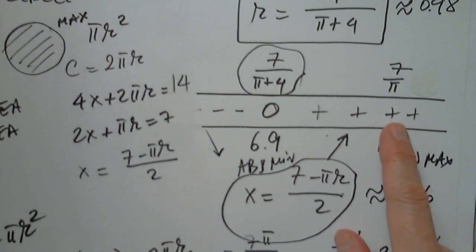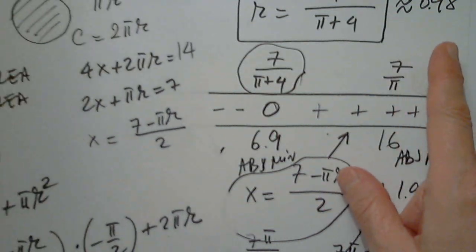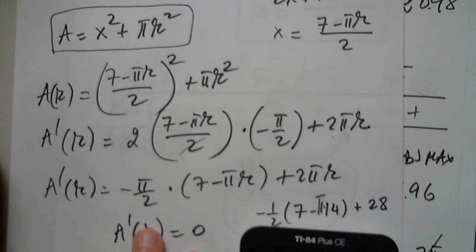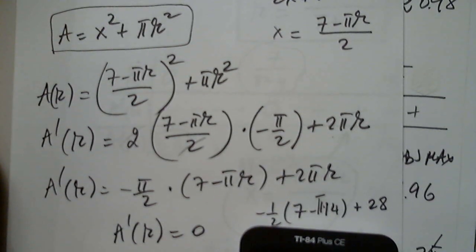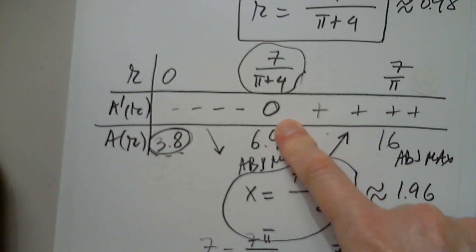When r is 2, negative pi divided by 2, 7 minus 2 pi, and plus 4 pi. Of course, it's positive. So the signs are correct. The 0 is correct.